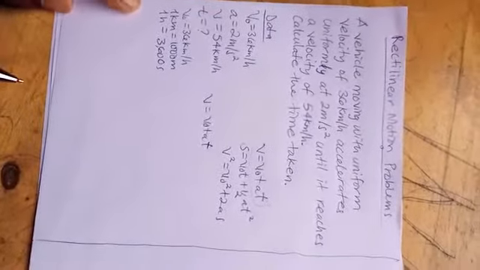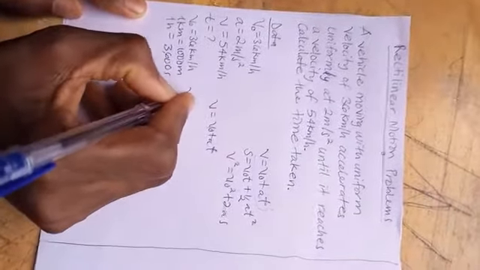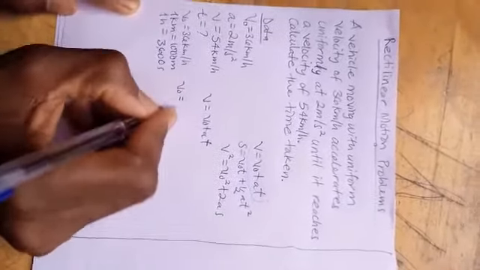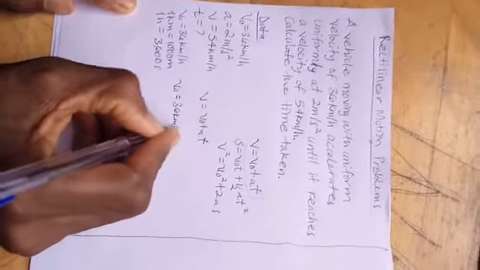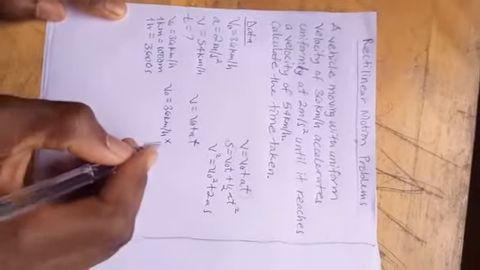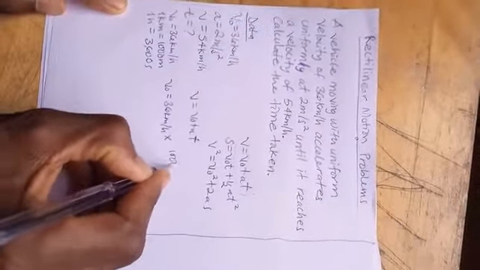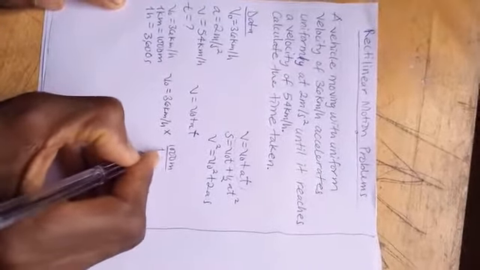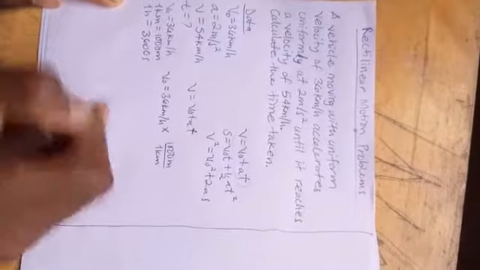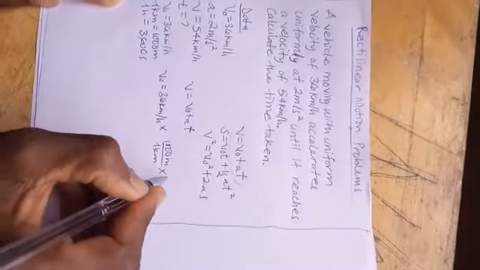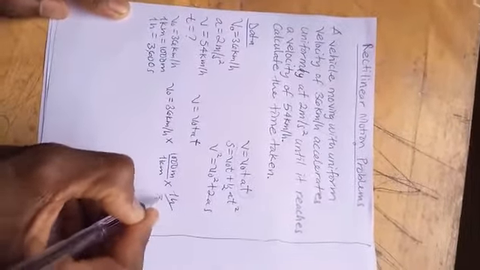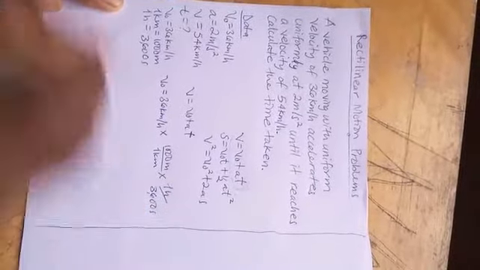So v naught is equal to 36 km per hour times 1,000 meters per 1 km times 1 hour per 3,600 seconds.